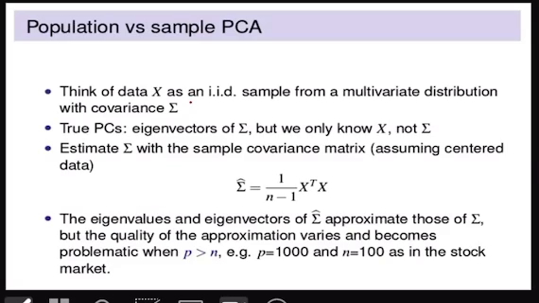If this is the population variance covariance, then what we need is the sample variance covariance because we're working with sample data. The eigenvalues and eigenvectors of the estimate of the variance covariance are expected to approximate the true variance covariance, which is the population variance covariance.